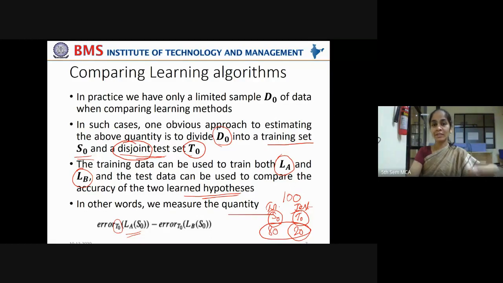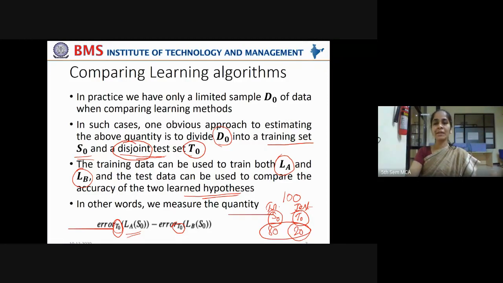S naught is the training set that LA is trained on and LB is trained on. S naught is the training set that the two algorithms are trained on. Now, what is the error those algorithms are giving with respect to the test set T naught? Okay, that is what we mean by this representation. It is very, very clear, right?